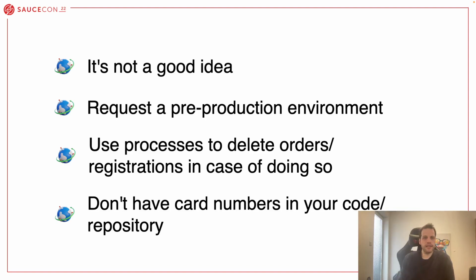If we finally decide to do it, we will have to know that we will need parallel processes to delete those purchases and make product returns, etc. Finally, remember not to have card numbers and PIN codes in your code or even in your code repository.